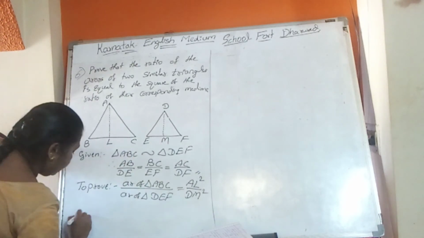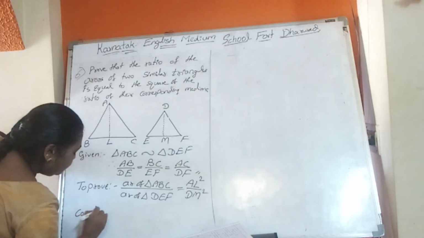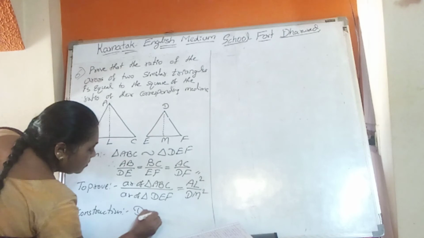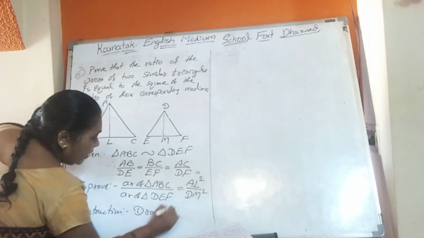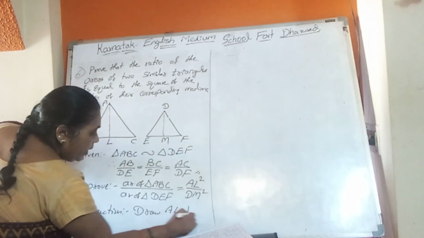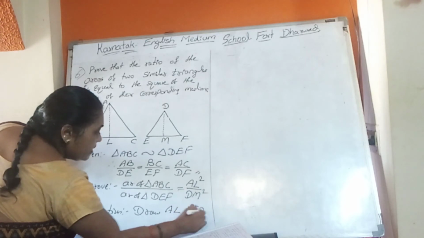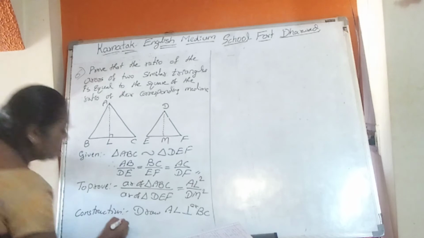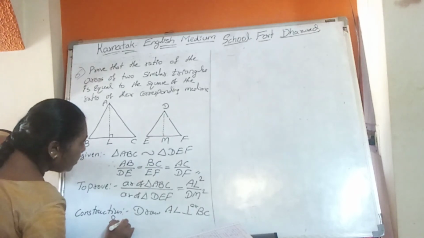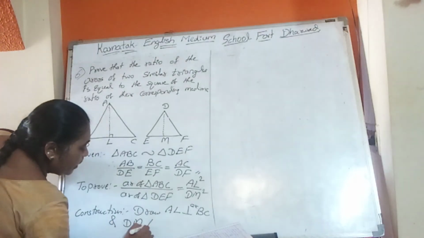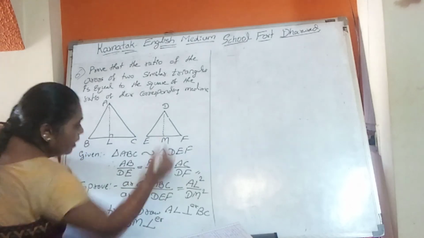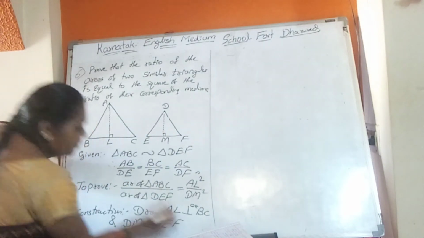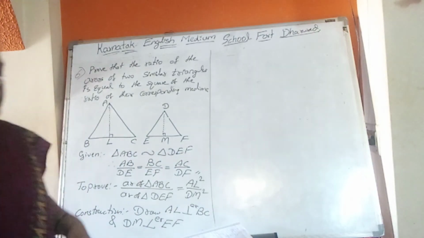Some construction. What is that construction? Draw AL perpendicular to BC and DM perpendicular to EF. This is the construction.